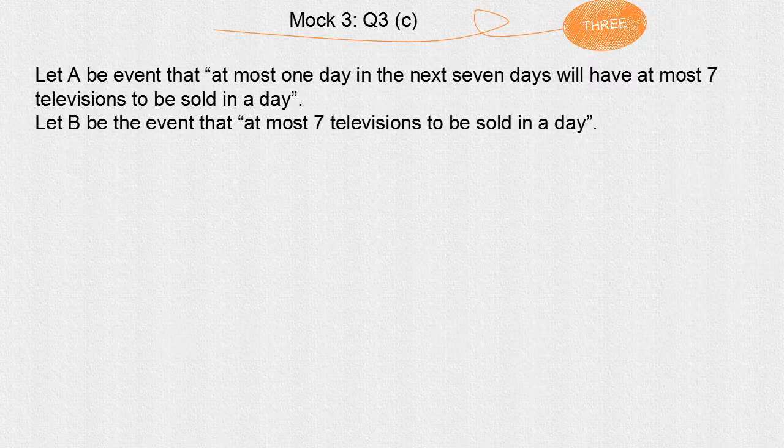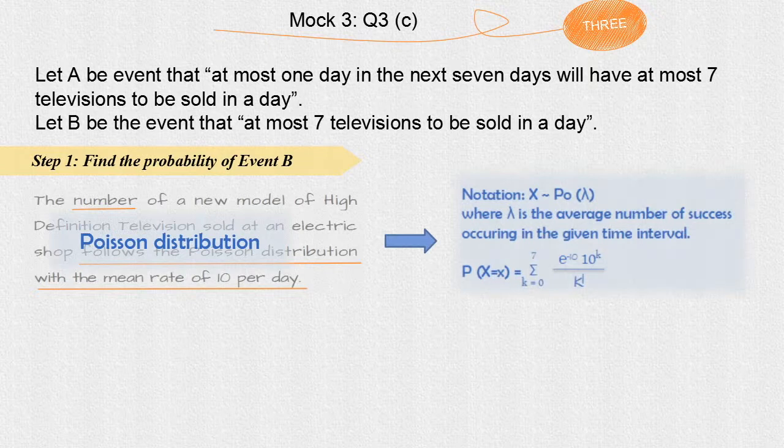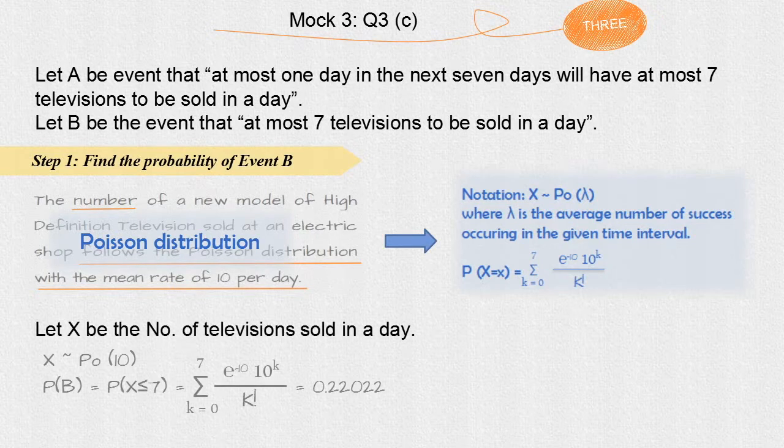As we mentioned before, in step 1, we need to find the probability of event B. We already know that this follows the Poisson distribution, so we can use a notation and formula like this to get the result for event B. That is 0.2202. After finishing step 1, we can move forward to step 2.